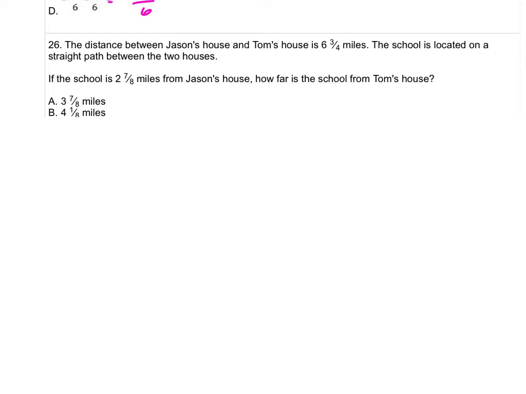Number 26, the distance between Jason's house and Tom's house is 6 3/4 of a mile. The school is located on a straight path between the two houses. So we see that the distance between their houses is 6 3/4 miles.